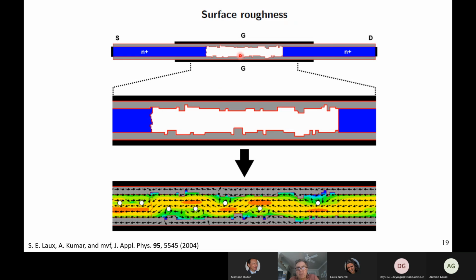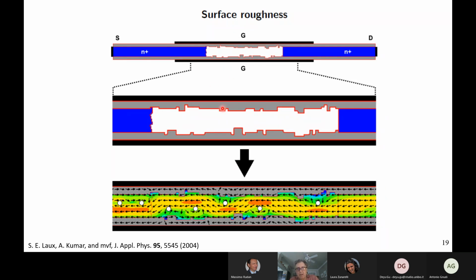As you thin silicon, we saw that the electron-phonon scattering rates increase linearly with the thickness of the body, and surface roughness is a killer because now the scattering rate increases with the 6th power of the inverse width. And so the mobility goes down with the 6th power of the width when you're limited by surface roughness.